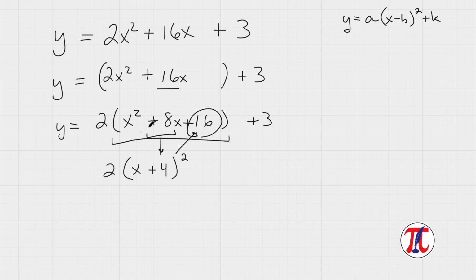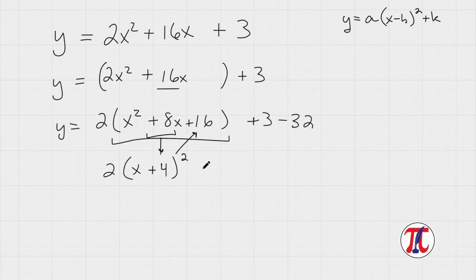So I have to recognize that that 2 is being multiplied by my perfect square binomial here. Instead of adding 16 to make this a perfect square, I'm really having to add 32, because when I factor out that 2, it's going to be 16. And then I can write it as this. So remember that 2 is being multiplied by that. So in order to keep this balanced, I just added 32.